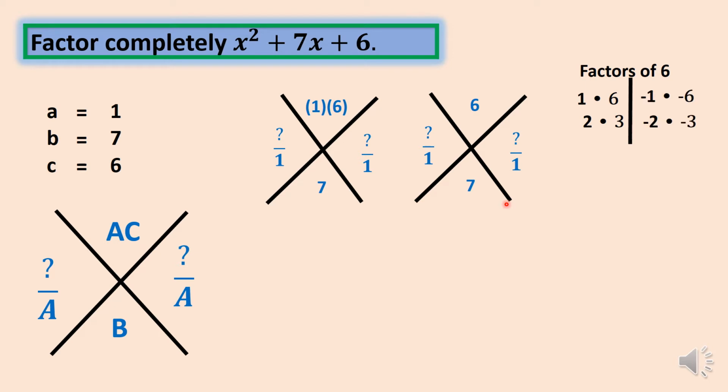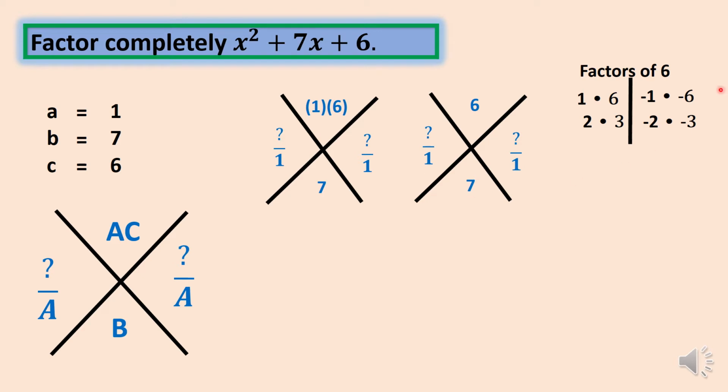And then also you have negative 2 times negative 3. So these are the factors of 6. Next, we will use these factors. We will look for the ones that, when we add them, give positive 7. Okay, so I repeat, we look among the factors of 6 for the pair that, when added, gives positive 7.